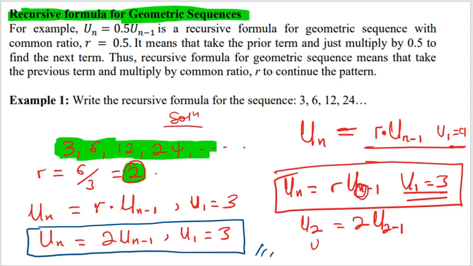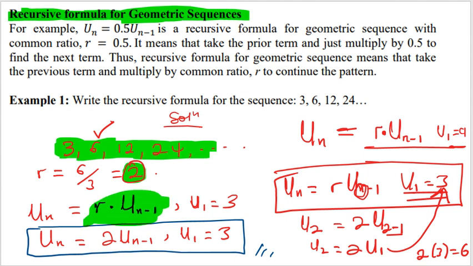So I'm going to get U2 equal to 2 U1. 2 minus 1 gives me U1, but I know U1 to be 3, so I substitute that as 2 multiplying 3. Then I get 6, which is correct. So this is how to write the recursive formula for a geometric progression. It is written in this form, Un minus 1.